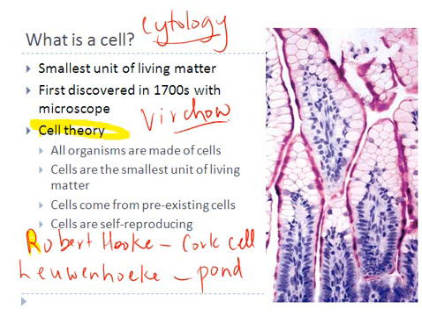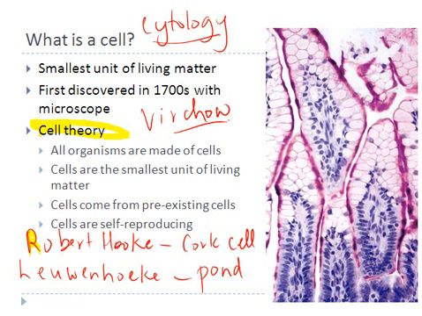His third statement was that all organisms come from pre-existing cells, which means that we cannot just take out a magic wand and make organisms appear, or make organisms disappear. Cells will only arise from existing living cells. And that leads us to the next statement, which is that cells are capable of self-reproduction, and they will produce new cells, whether it's for the growth of an organism or for reproduction.